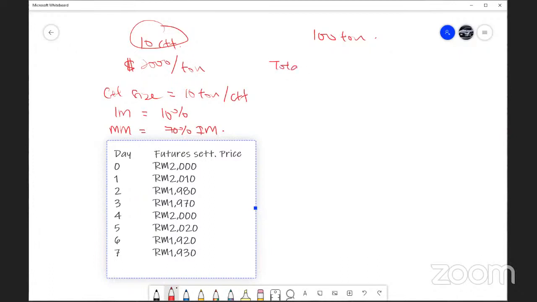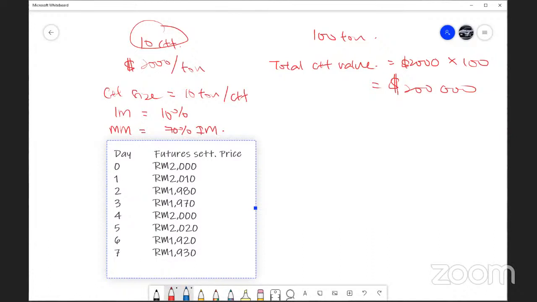Total contract value: first you find out the total tons, so 10 contracts multiplied by 10 tons is 100. 100 multiplied by $2,000 per ton is 200,000. So your total contract value is $200,000.